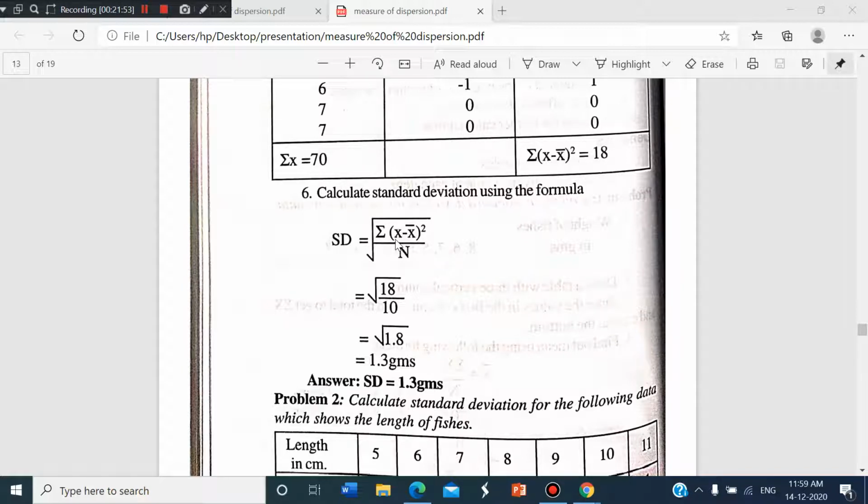It is 18. What is the value of n? Number of items, 10. 18 divided by 10 equal to 1.8. So 1.8 grams is the standard deviation.